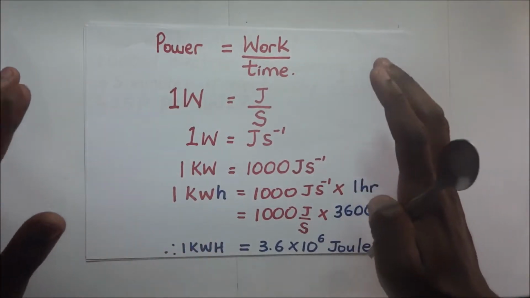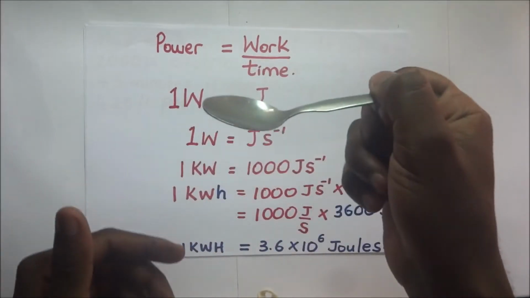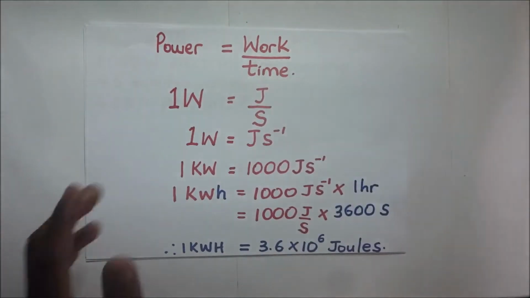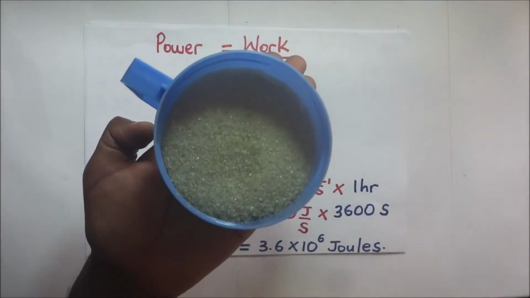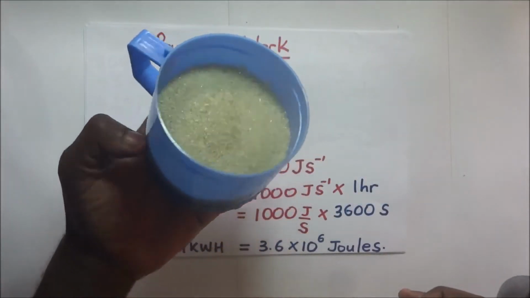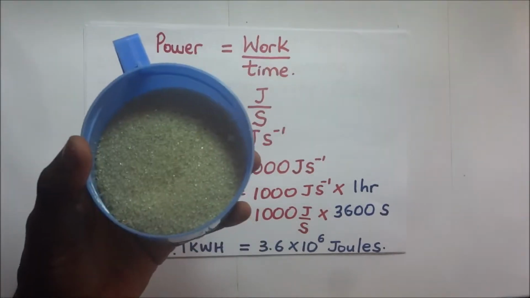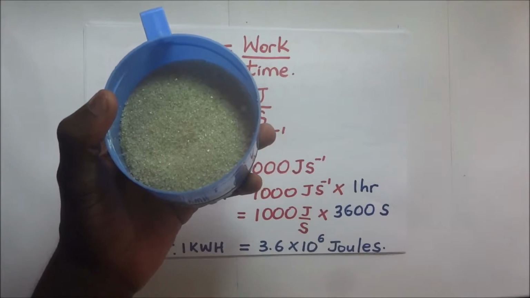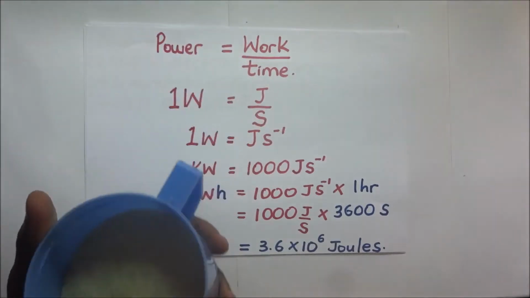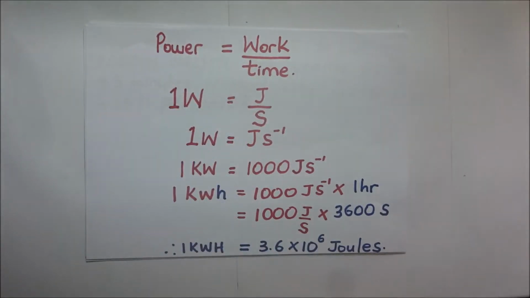When I have 1,000 watts collected, that is equivalent to this cup. So it means I will be selling electricity in terms of 1,000 watts. I create a standard and say that 1,000 watts of electricity is equivalent to 1 unit of electricity.